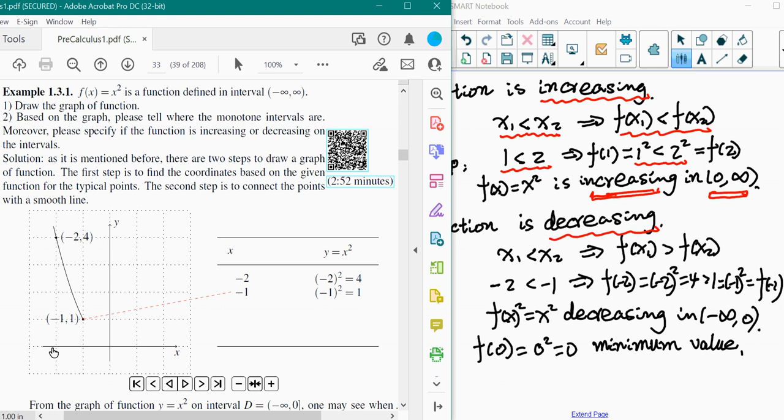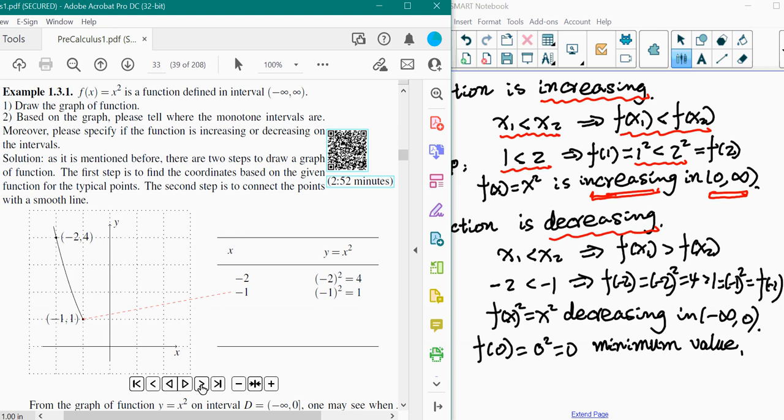So from left to right, the value of x goes from smaller on the left to bigger on the right. From -2 to -1, the height goes from higher to lower.